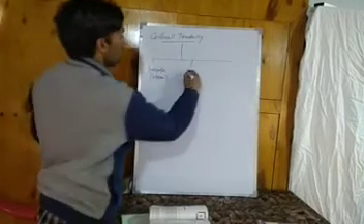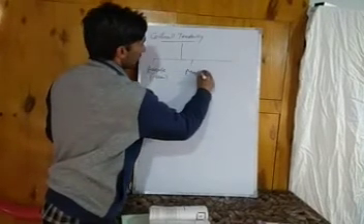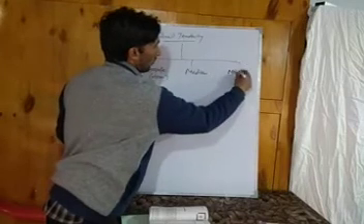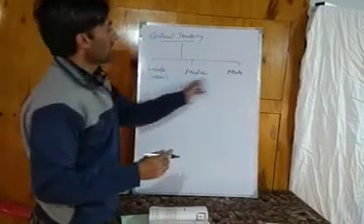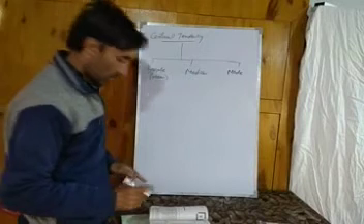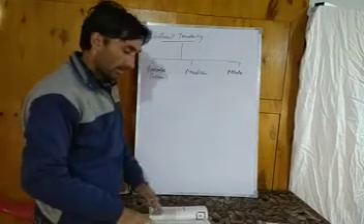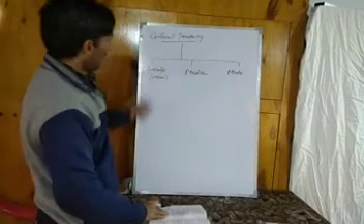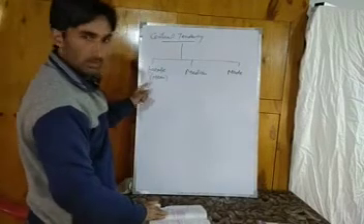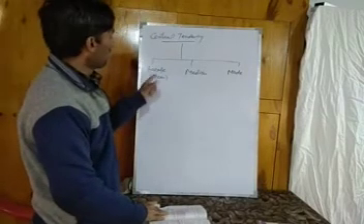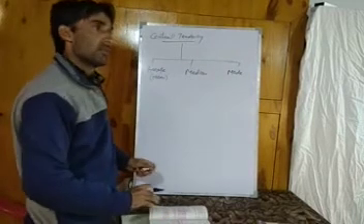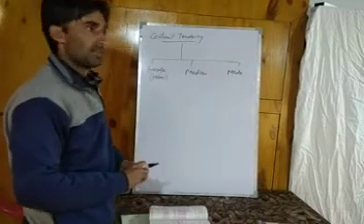Next is median, and the third one is mode. So these are the three methods through which we can calculate the central tendency. As far as our syllabus is concerned, all three are included in the board syllabus of 11th class.